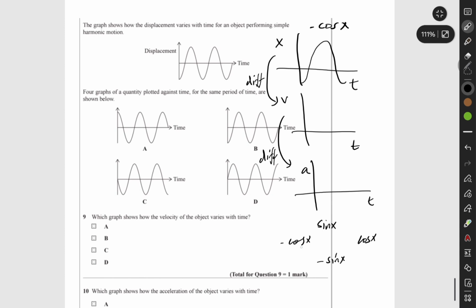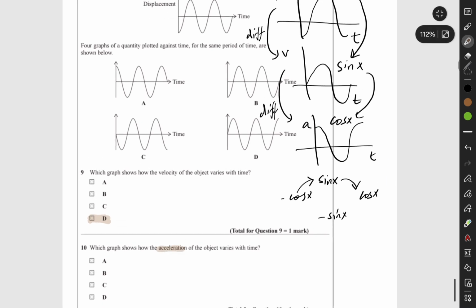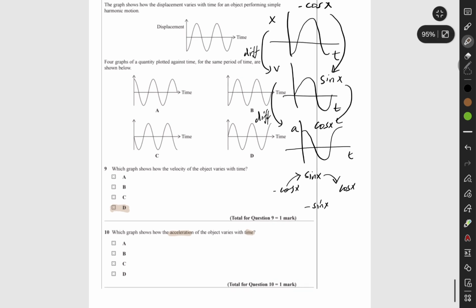So minus cos x, it's going to go like this, to sin x, and from sin x, we're going to go to cos x. So we're going to go from minus cos x to sin x to cos x. So this is going to be the velocity time graph. So that's going to be sin x, that's going to be D. And then the next one is going to be the cos x graph. So it's going to ask us about the acceleration time graph. So that's going to be cos x, so that's going to be A right over there.